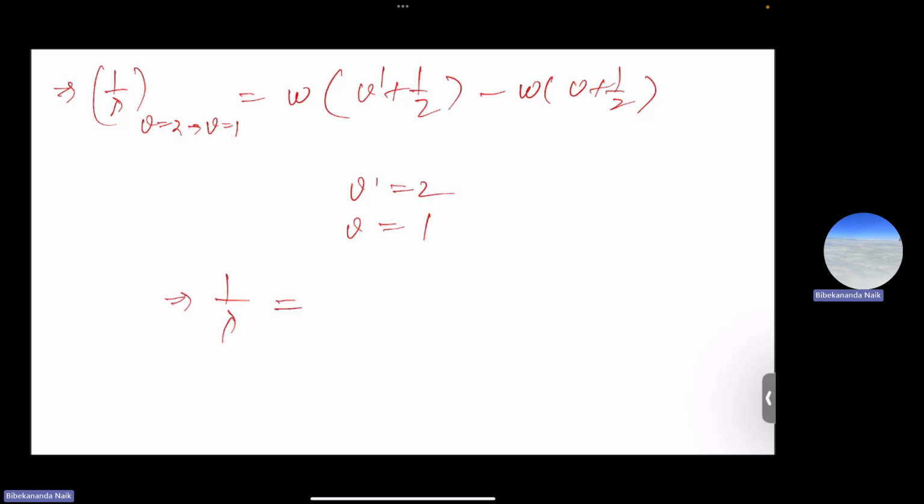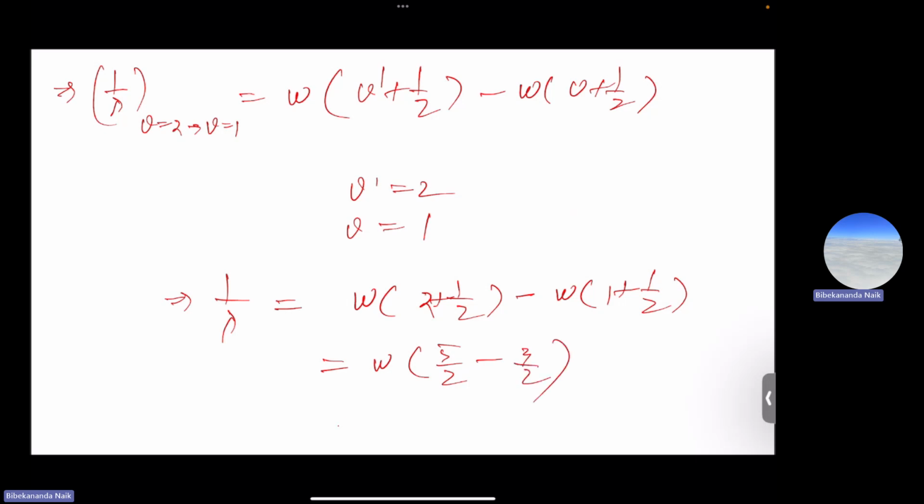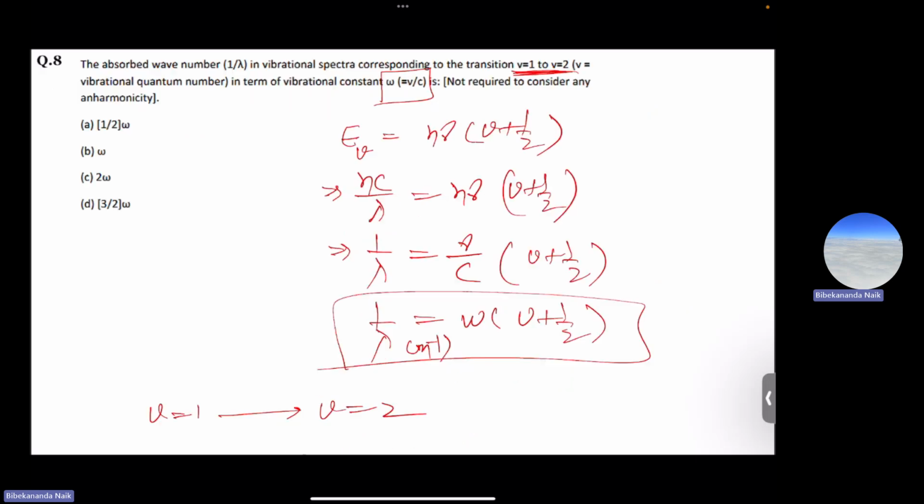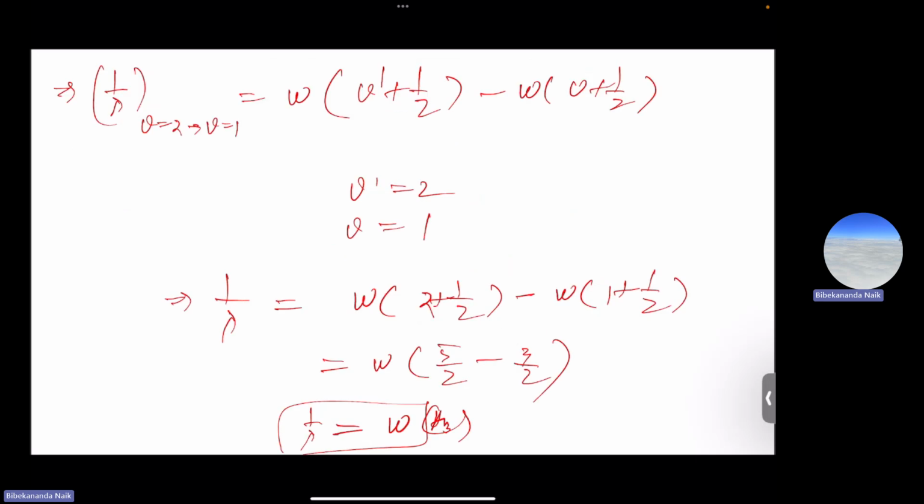So 1 by lambda will be omega times 2 plus half minus omega times 1 plus half. So it will be omega times 5 by 2 minus 3 by 2, which is omega. So the observed wave number corresponding to transition between V equals 1 and V equals 2 is omega, that is option B is the correct one.